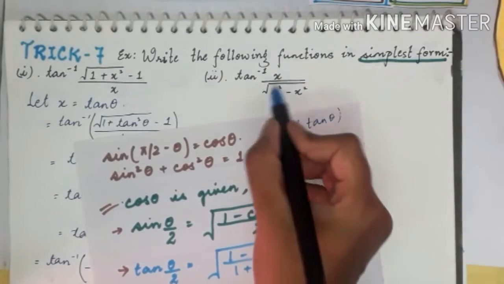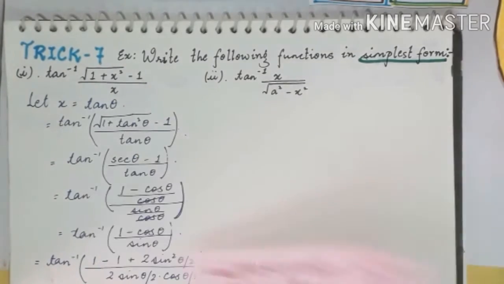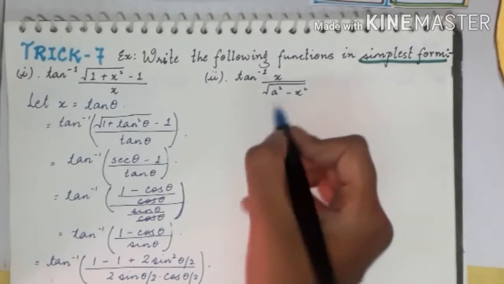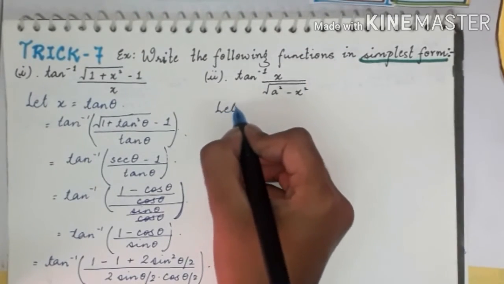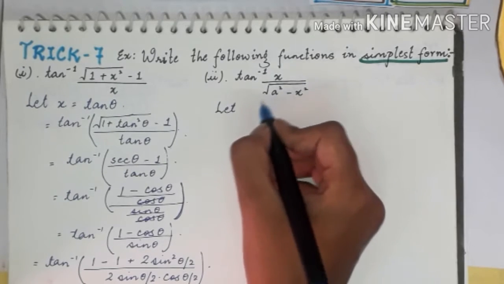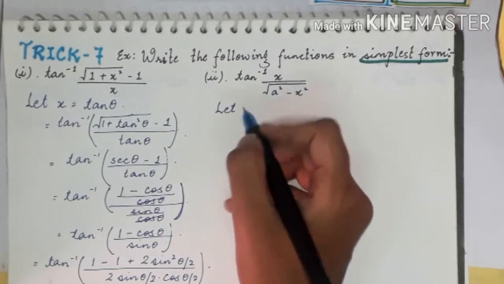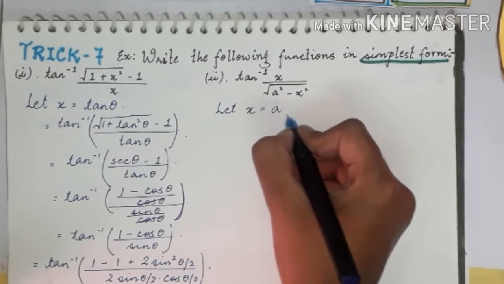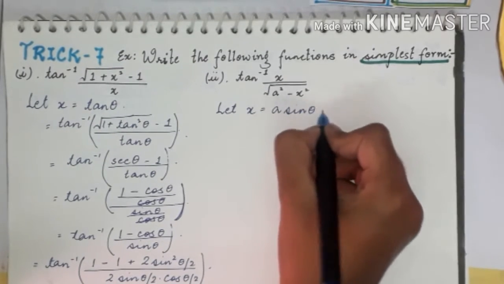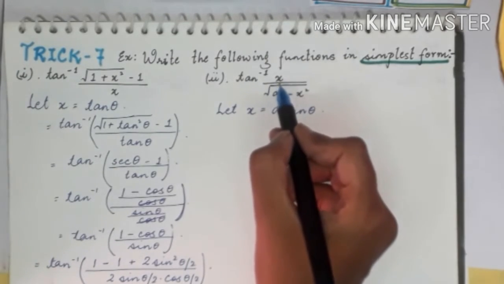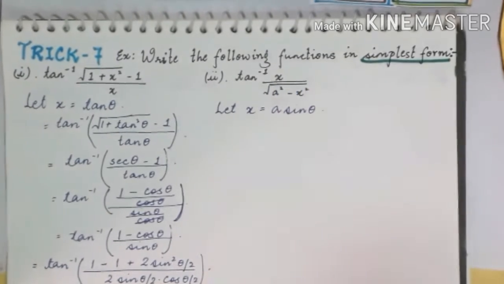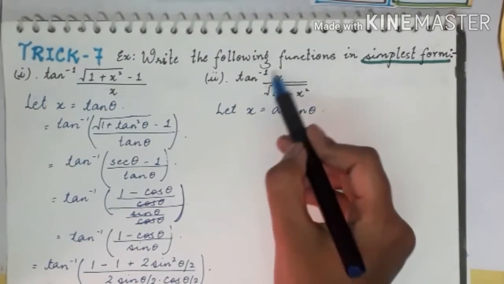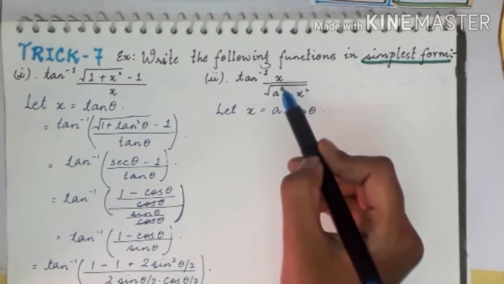Okay, but now the problem of this a is solved by whatever you let in place of x, either sin or cos. Just multiply it by a or by any other number that is given other than the variable x. So here we will let x as a sin theta. See, in place of x we will get a sin theta. We can also let cos theta, but here we have not done so, since we have to convert it into tan theta.